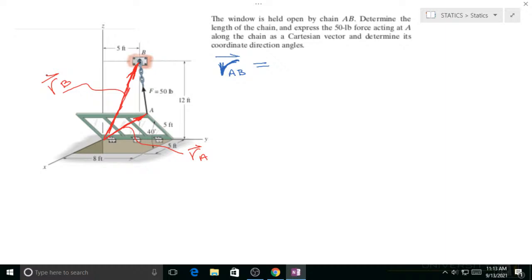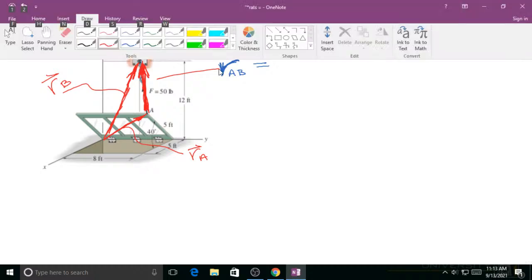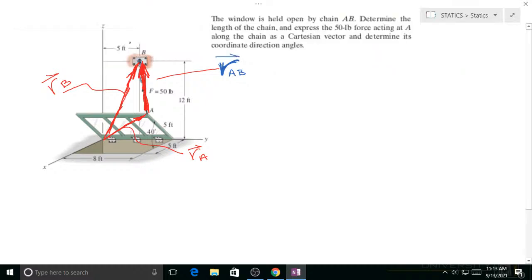Okay, my issue, I'm going to draw this and then erase this part, is that I really need to find that, which is the vector from A to B. I know if I add r sub a, then I should get r sub b.